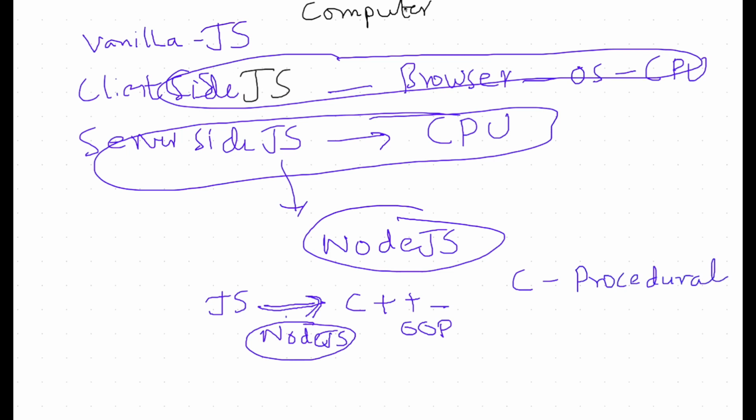If you remember, when you write your C language, it is stepwise execution, back to back, right? But with object-oriented, you play around with objects. You can do whatever you want at whatever instant of time. So you convert your JS into C++, and C++ is easily understood.